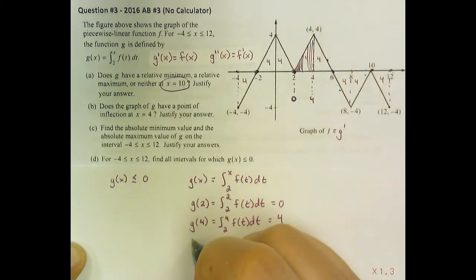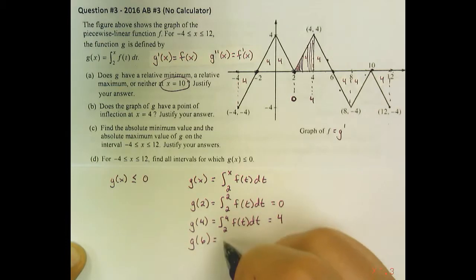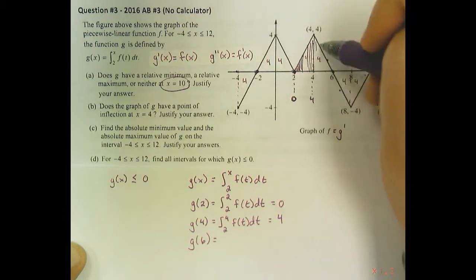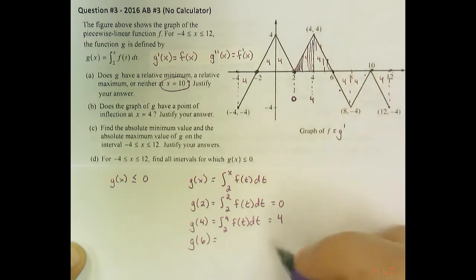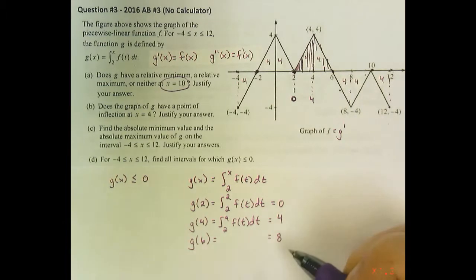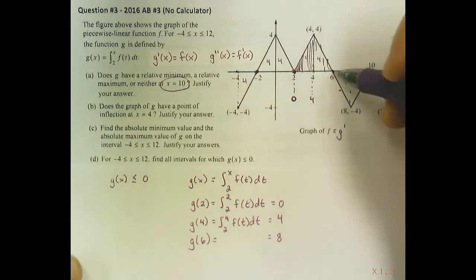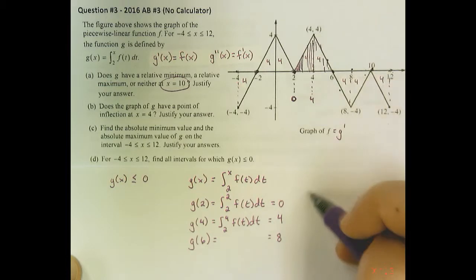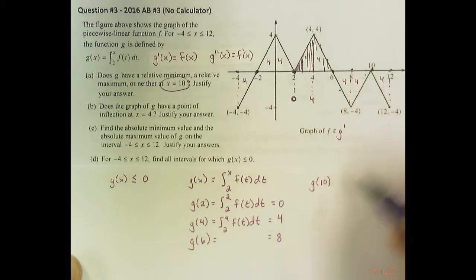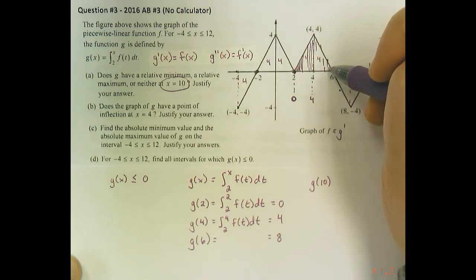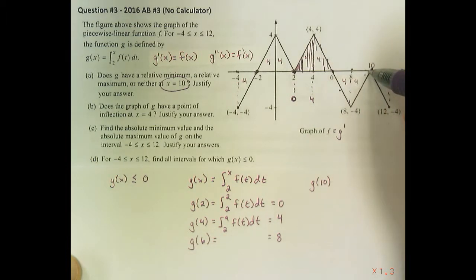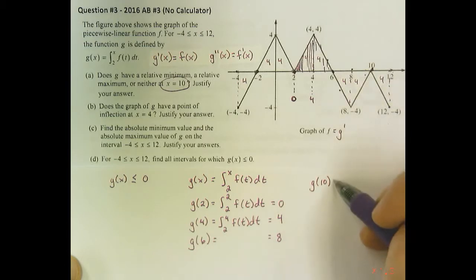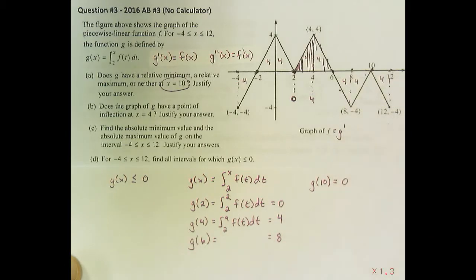If I go all the way up to g of 6, I get a value of, we've added another 4 units, so a value of 8. Continuing to move forward, from 6 to 8, I lose 4, and then 8 to 10, I lose another 4. So finally at g of 10, I have both gained my 4 units of accumulation and lost 8 units of accumulation, for a total accumulation of 0.